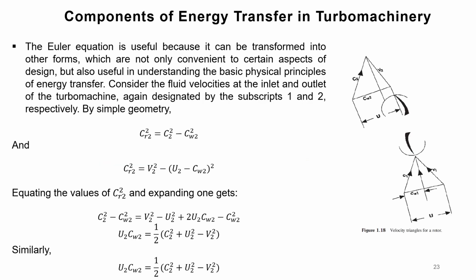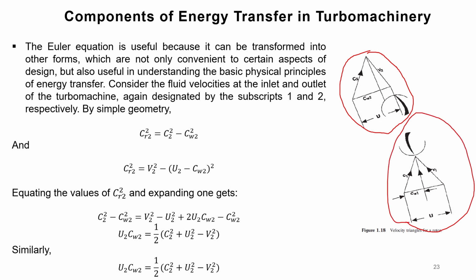Right now I'd like to talk about the components of energy transfer. So remember this guy, this is the velocity triangle at the trailing edge, and this is the velocity triangle at the leading edge. It's a typical diagram representing the velocity vectors of the flow at the inlet of the blade and the outlet of the blade.